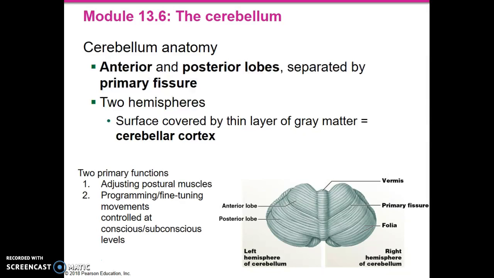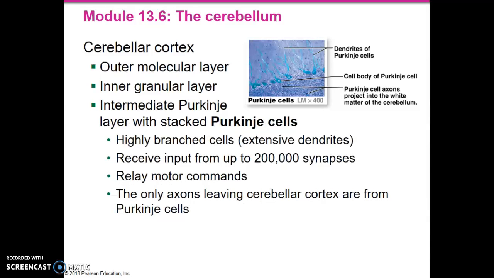So it's posture and fine-tuning skeletal movements. The cerebellar cortex, that outer gray layer, has an inner granular layer and a Purkinje cell layer. These cells are the only axons leaving the cerebellar cortex.